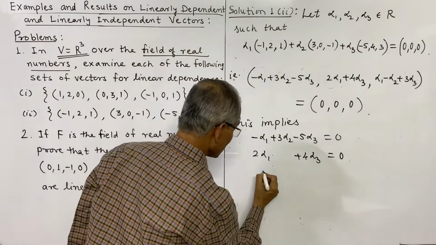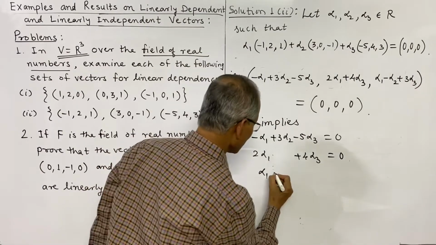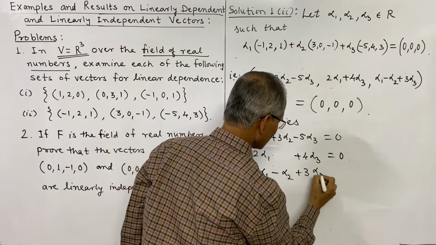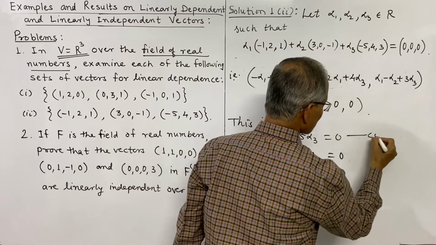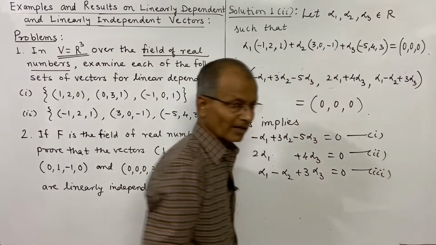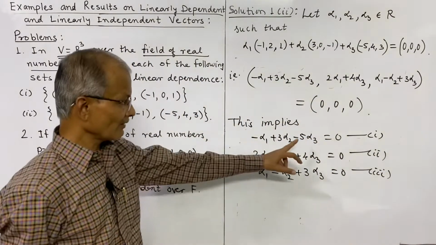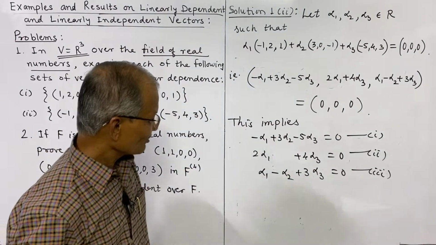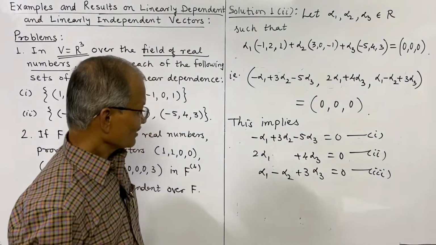And the last is alpha 1 minus alpha 2 plus 3 alpha 3 is equal to 0. So again we shall solve these three simultaneous algebraic equations to get the values of alpha 1, alpha 2, alpha 3. Now we may see how to solve these equations.